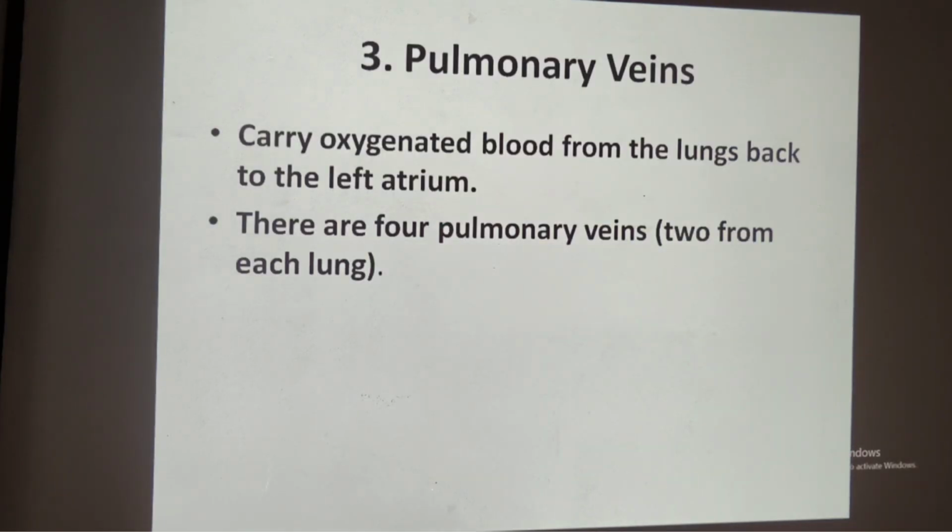Third one, pulmonary veins. This also has been discussed in variations of blood vessels, which carry oxygenated blood from the lungs back to the left atrium. Here there are 4 pulmonary veins, 2 from each lung, 2 from the right lung and 2 from the left lung.